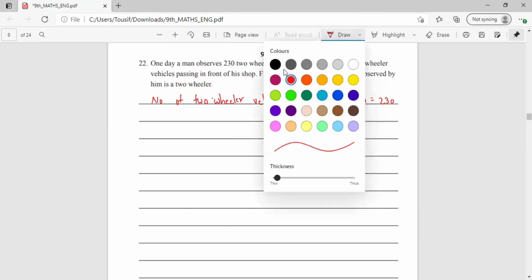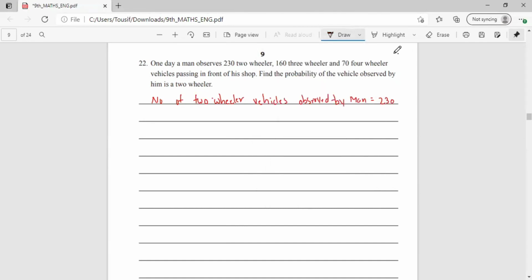Same thing with the next one. As you can see, the person is observing three kinds of vehicle. One is two-wheeler, another is three-wheeler, the other is four-wheeler. So number of three-wheeler vehicles observed by man. How many? That is 160.